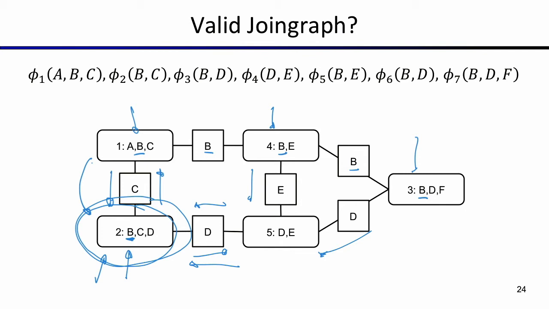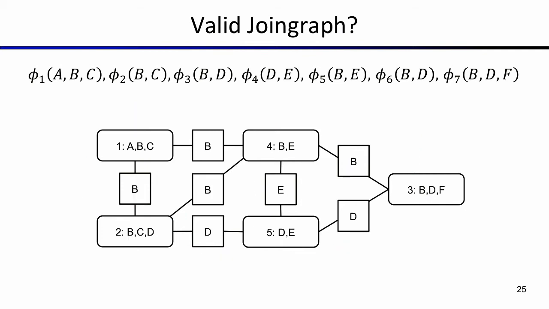All right, let's take a look at another example. This is another example, but now we included b in the separator here, right? So we have b in the separator here, and we have b in the separator here. So now we have another problem: instead of having just one path connecting, for instance, this cluster that mentions b and this cluster that mentions b, we have two paths, and that is a problem as well.